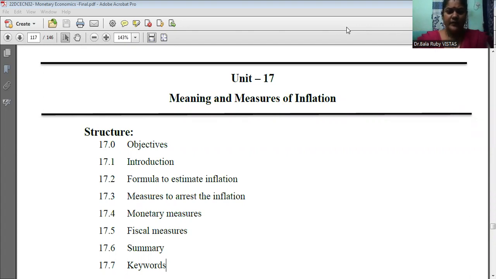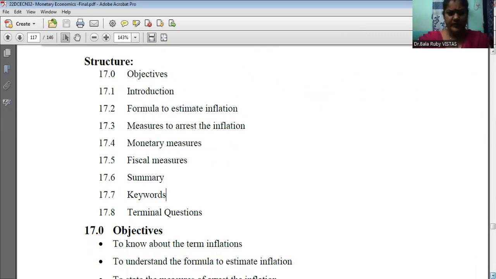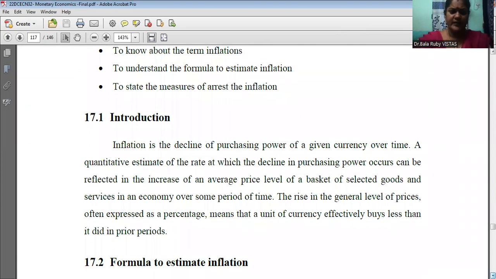See, whether it is controllable with the help of monetary measures, or with the help of fiscal measures. Normally, with the help of these monetary measures as well as fiscal measures, we can control this inflation, right? So, in this way, we are going to discuss in today's class.